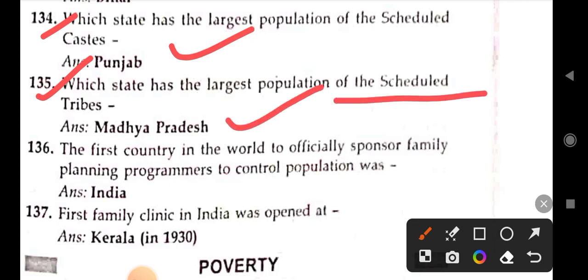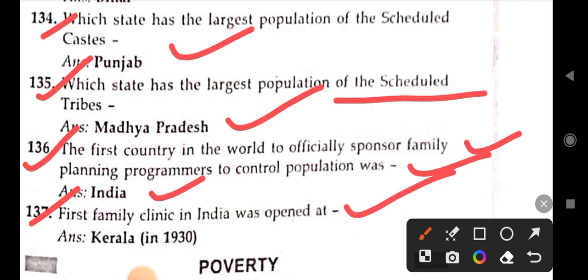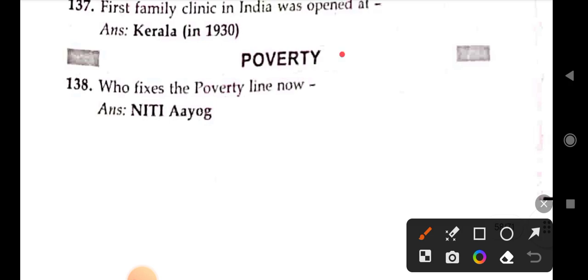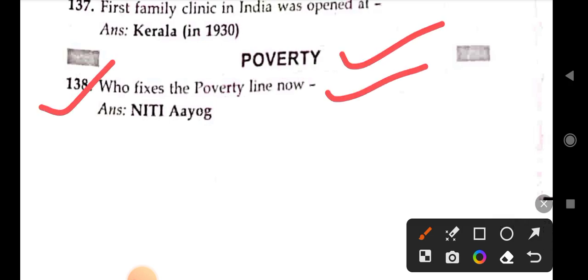Madhya Pradesh. The first country in the world to officially sponsor a family planning program to control population was India. The first family clinic in India opened at Kerala in 1930. Next, poverty. Who fixes the poverty line now? Niti Aayog.